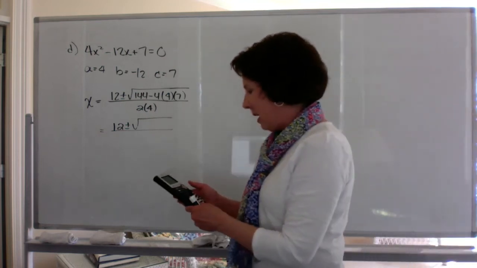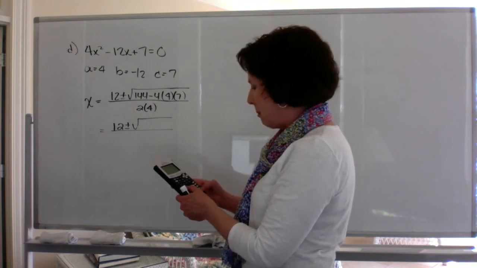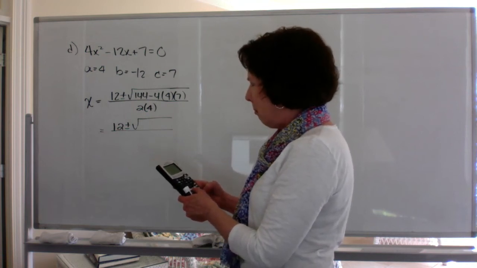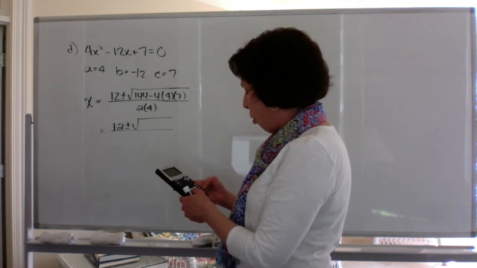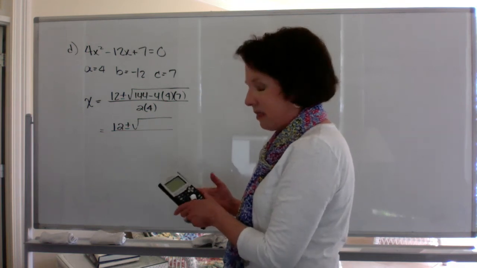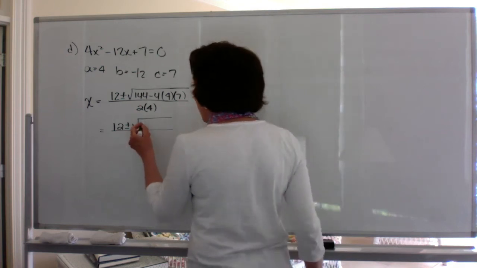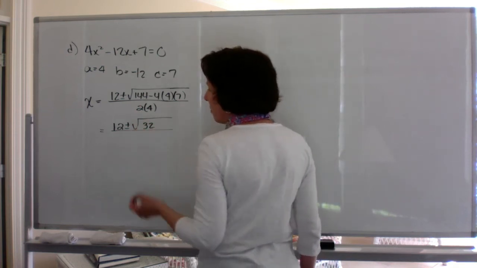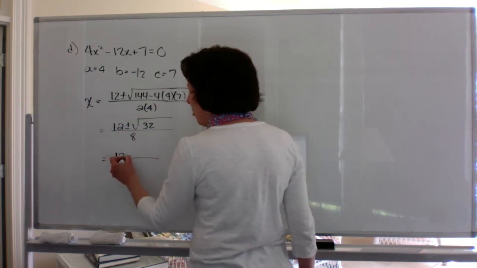I'm just going to enter in 144 minus 4 times 7. Is that right? No, I didn't do that right. I'm sorry. 144 minus 4 times 7. Okay. All right. So I get 32. 32 over 8.